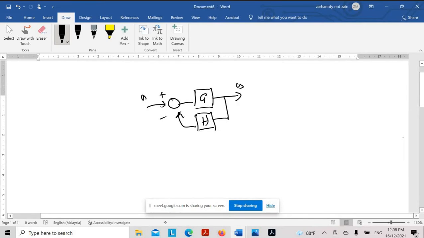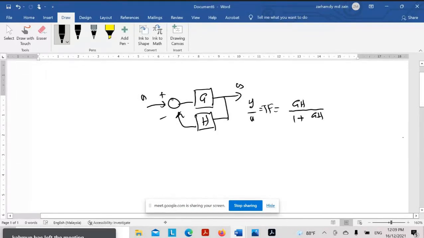Before we investigate the condition of our system, we need to come up with the transfer function. Now our transfer function is Y over U. Because of this closed loop, we have the formula for the simplification of this system: G over 1 plus GH.